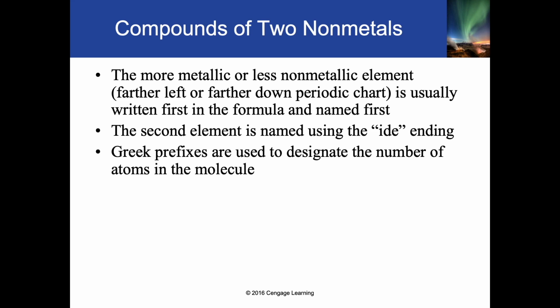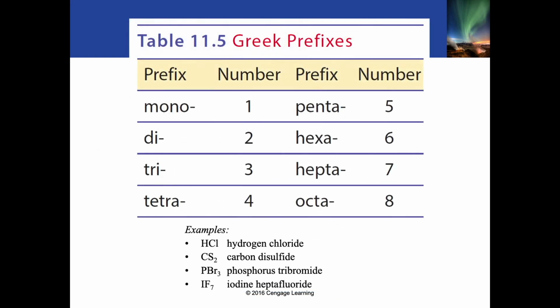So when we talk about the Greek prefixes, we're talking about mono for one, right? So mono means one, di means two, tri means three, tetra means four, and then penta means five, hexa means six, hepta means seven, octa means eight, nona is nine, deca is 10, and so on.